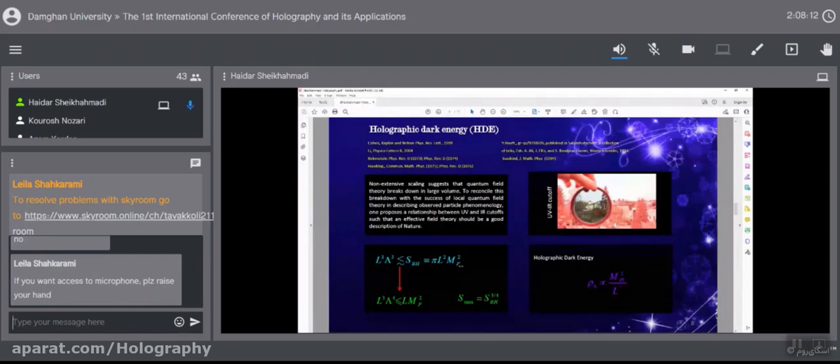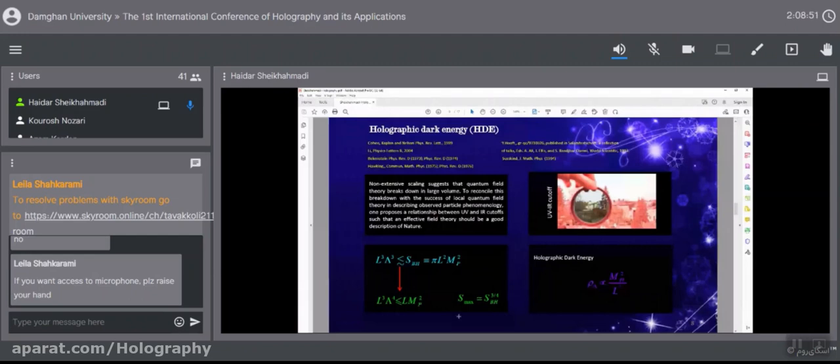It was proposed to overcome the difficulties which appeared in 1 plus 3 dimensions in high energy physics. After some manipulation of equations, Cohen and his colleagues obtained this limit for the size of the box and also the energy content in this box, which should be smaller than L, the size, the IR cutoff, and M Planck squared.